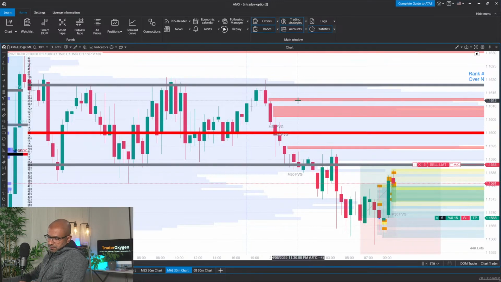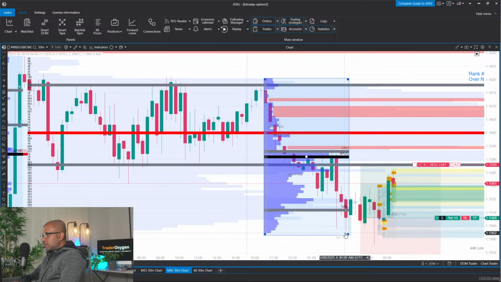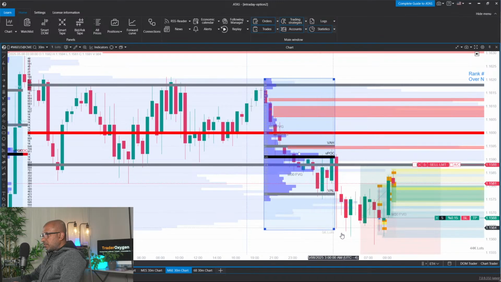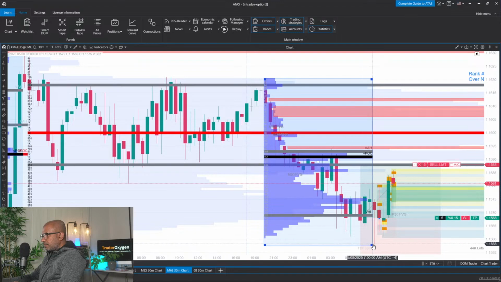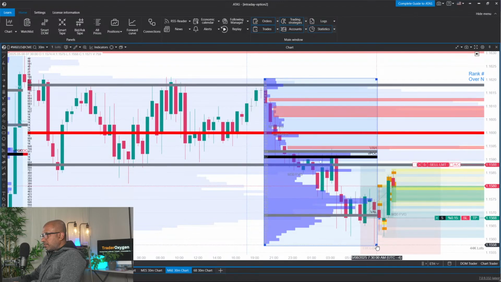So let's draw a volume profile, let's say into this price push down. So I just draw the volume profile into this price swing down.